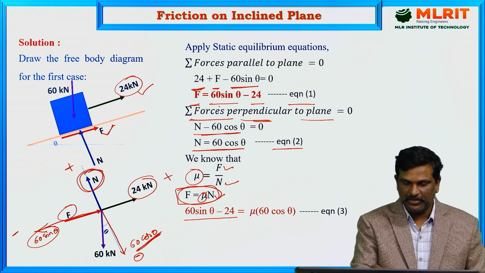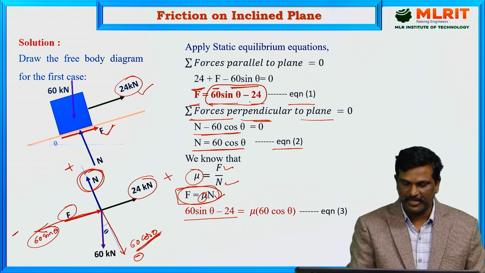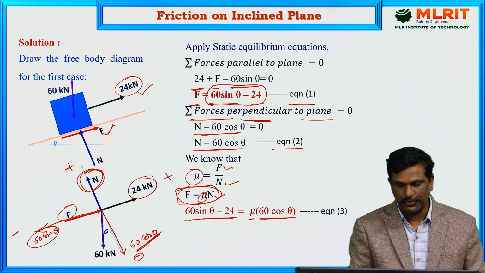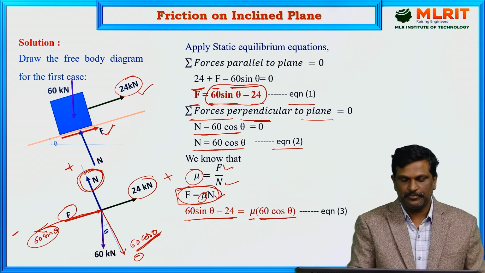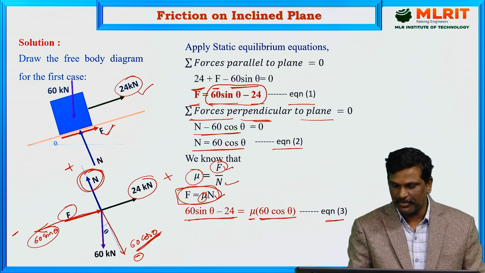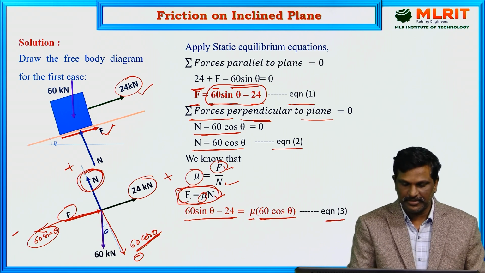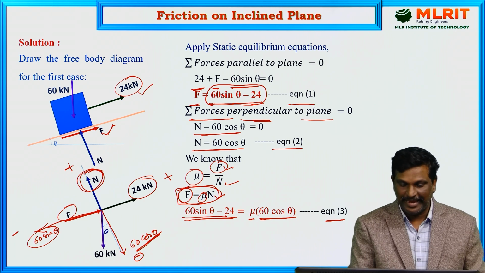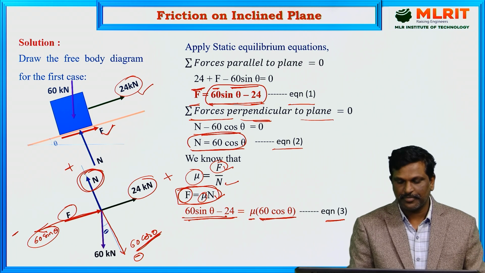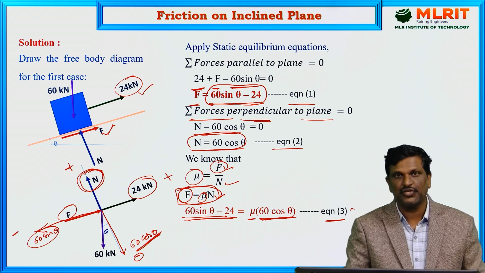We have the equation for F: F is 60 sin theta minus 24. Substitute the F and N values, where N is 60 cos theta. So 60 sin theta minus 24 is equal to mu into 60 cos theta, that is, F equal to mu N. This is equation number 3.